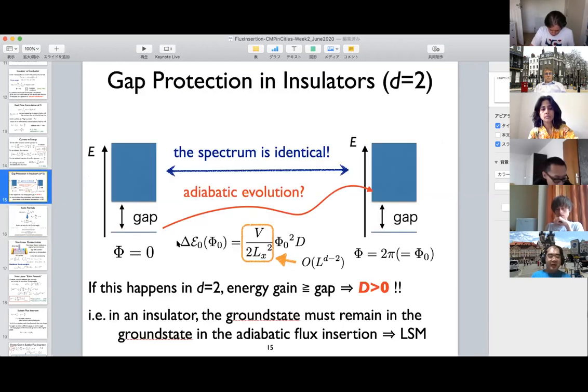Okay. So from this, especially in 2D, the physical assumption of a system being an insulator actually restricts the possible adiabatic evolution of the system.